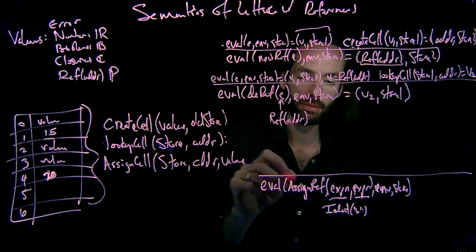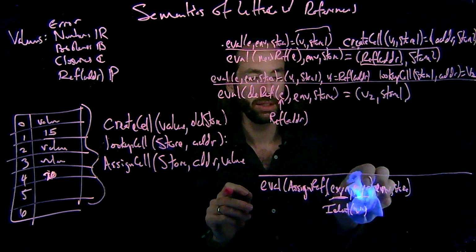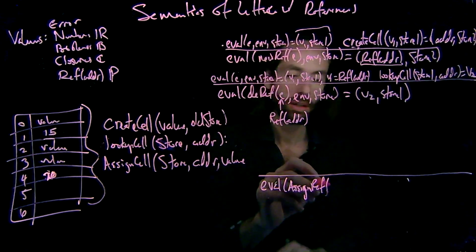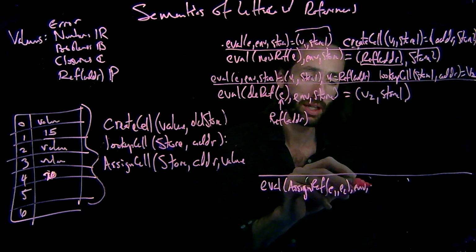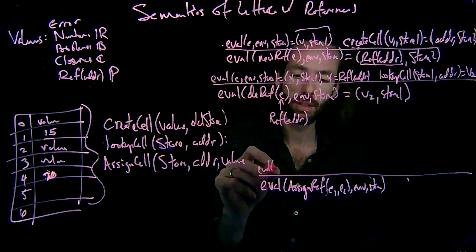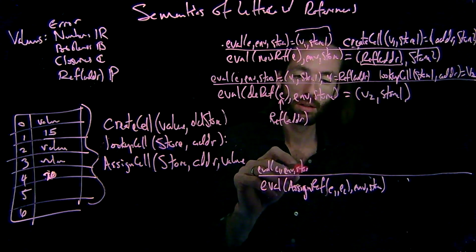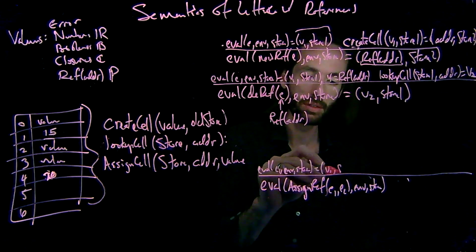What's this going to do? Well, first of all, we need to figure out what the first expression is. I should give these names. So we have E1, E2 under environment and store. Eval of E1 under the environment and store is going to give us V1 and another store, store1.